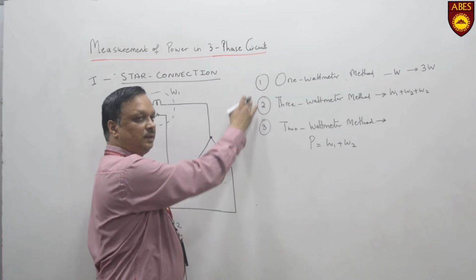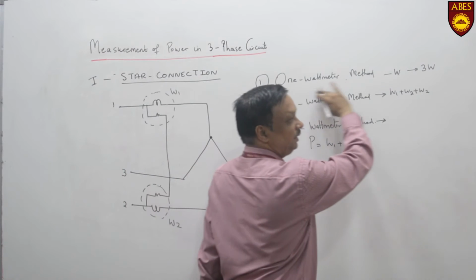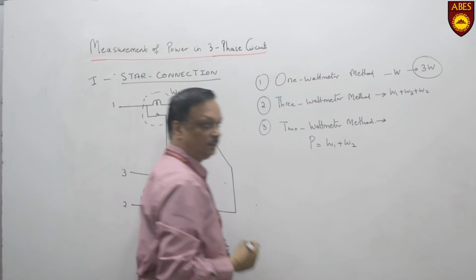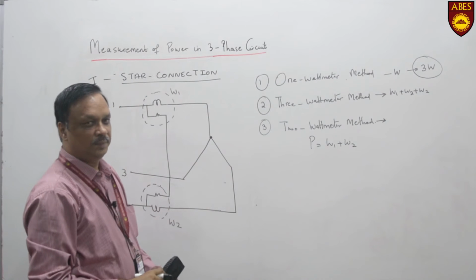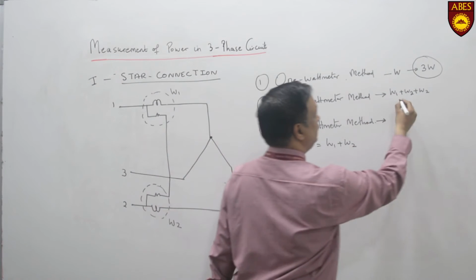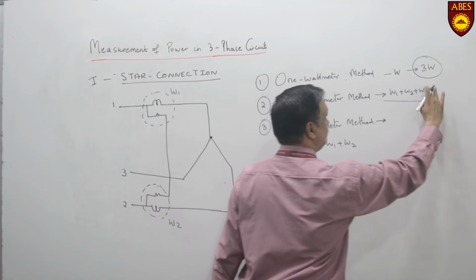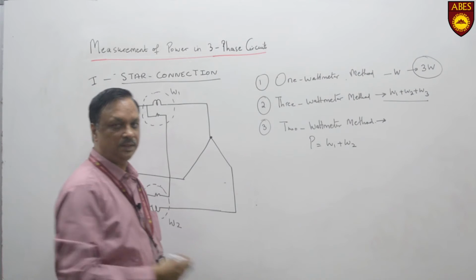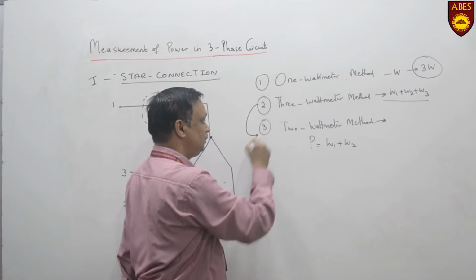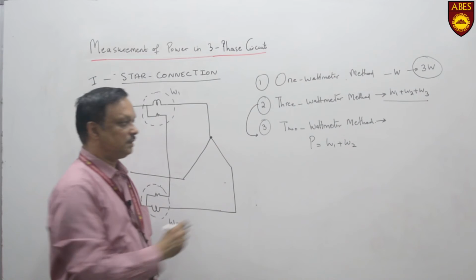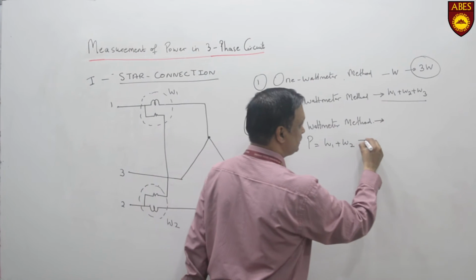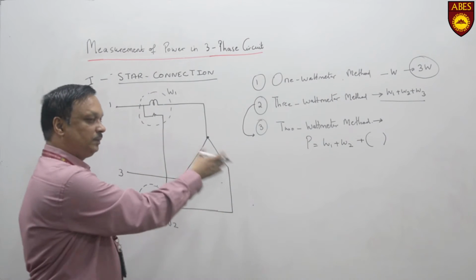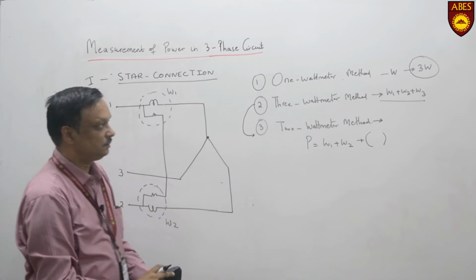There are certain disadvantages: in case of unbalanced system, the actual value will not be 3 times W. But in 3 wattmeter method you have W1 plus W2 plus W3, and the same power can be measured with the help of 2 wattmeter method, hence saving the cost of 1 wattmeter. This is possible for both star as well as delta.